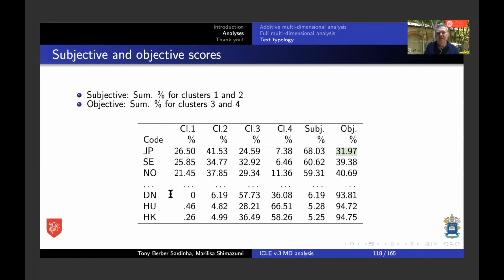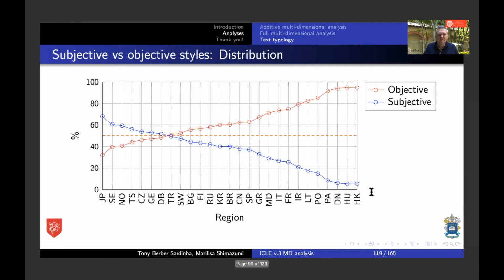And this is the reverse picture for Hong Kong texts, all right? So 95% are very objective. Hungary, 95%, also very objective. And the Dutch from the Netherlands, also very objective. So very different poles here.